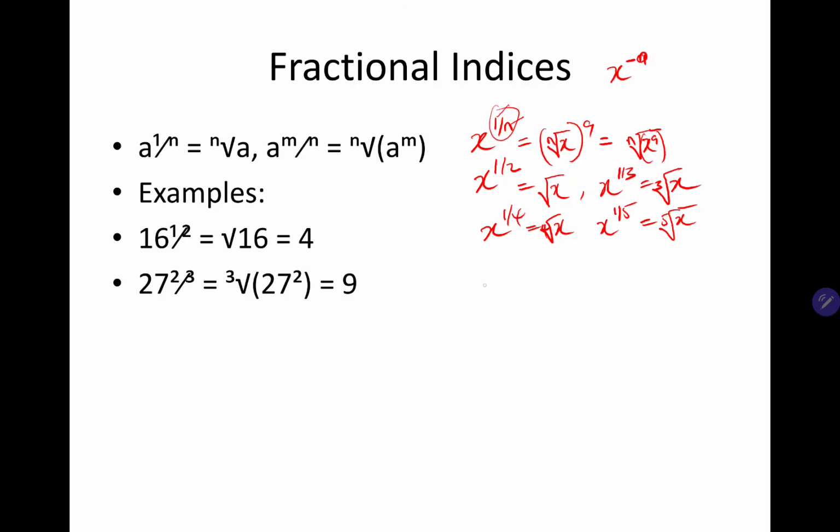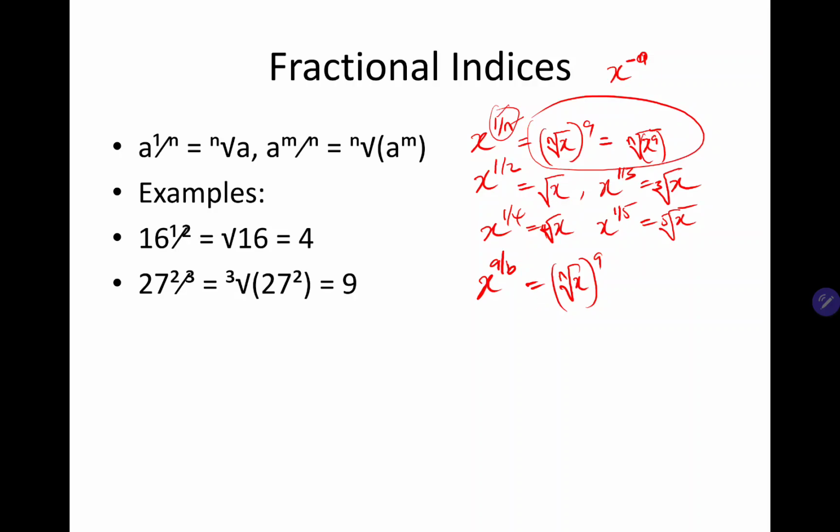Then what we're going to have is, for instance, x raised to power a over b. This is the same thing as the nth root of x, all raised to power a. That's what I was trying to explain here. But if 1 is the numerator, then it's straightforward.